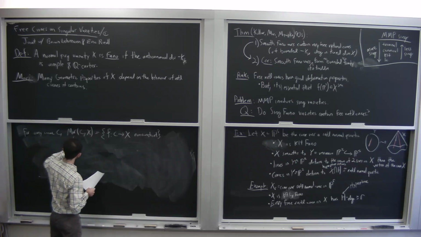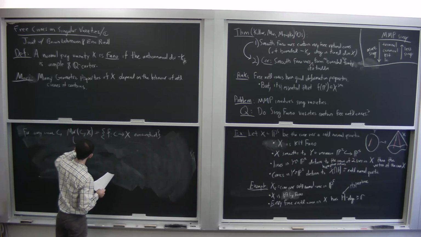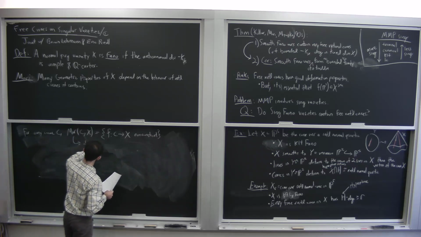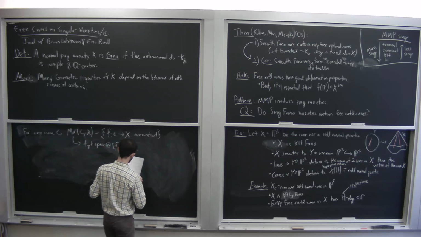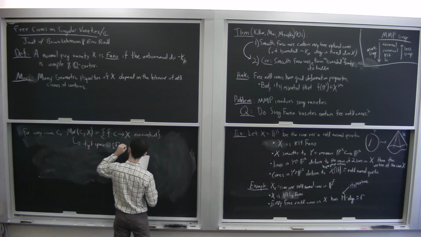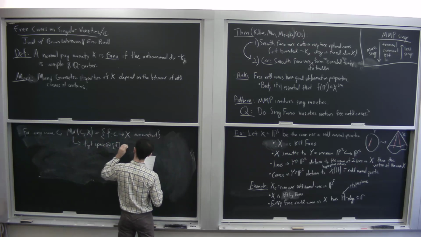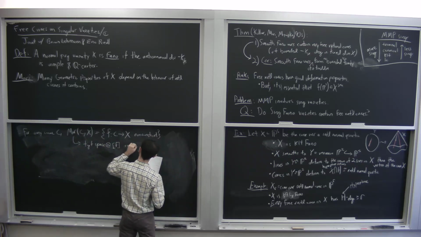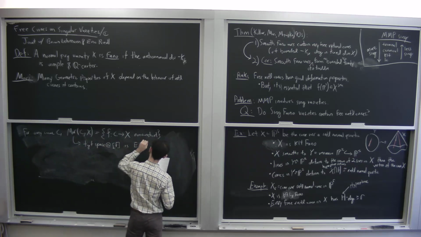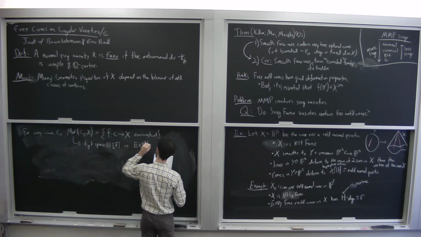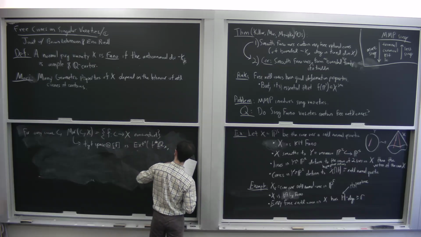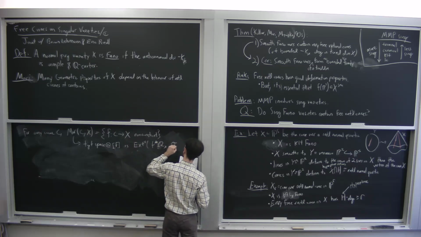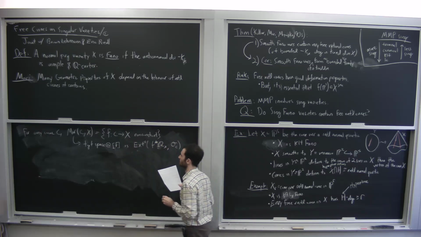And the tangent space of this scheme at the point f is Ext^0 of the pullback of omega_X mapping into O_C.